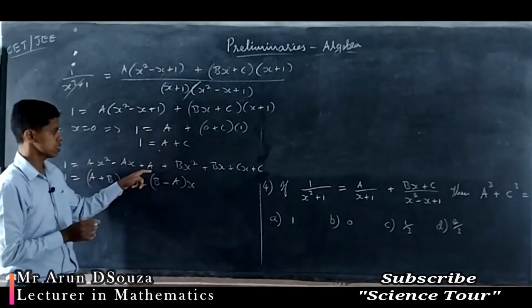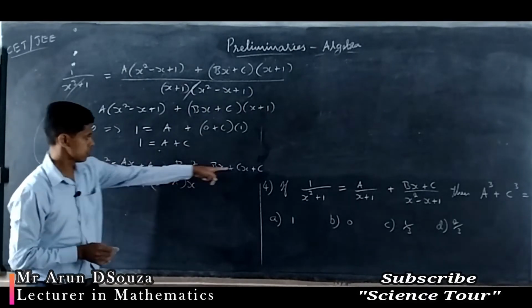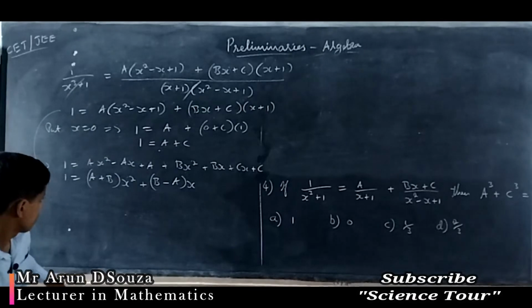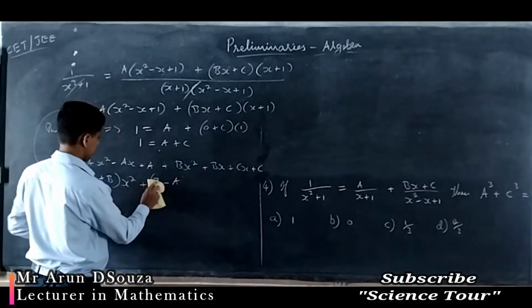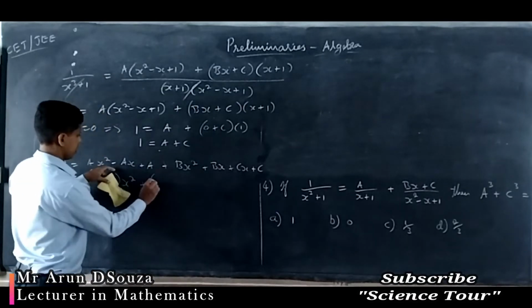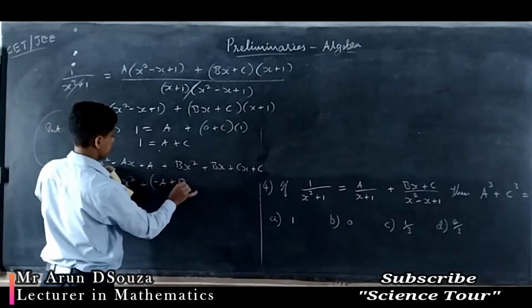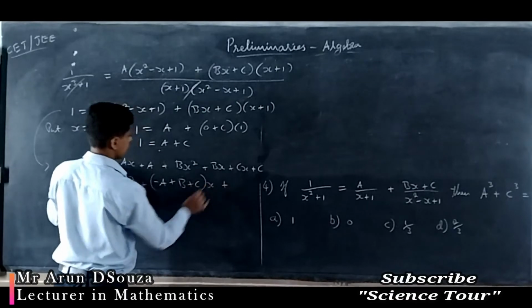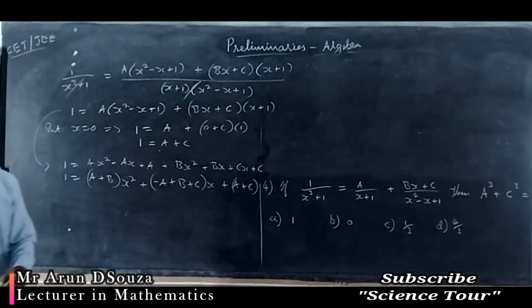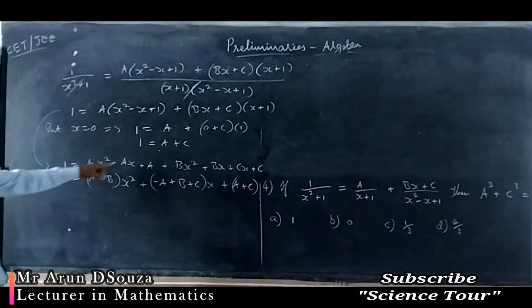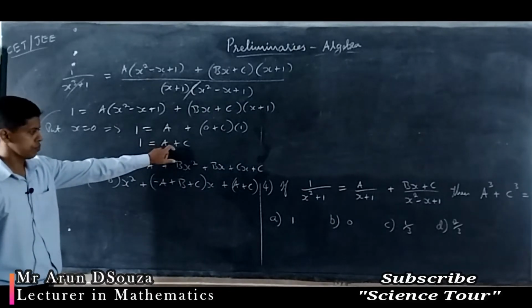And the constants are there is a c as well. Okay, so write in order, no problem. So minus a plus b plus c into x, and then a plus c, a and c, these are the constants. So now I have got one equation already here.